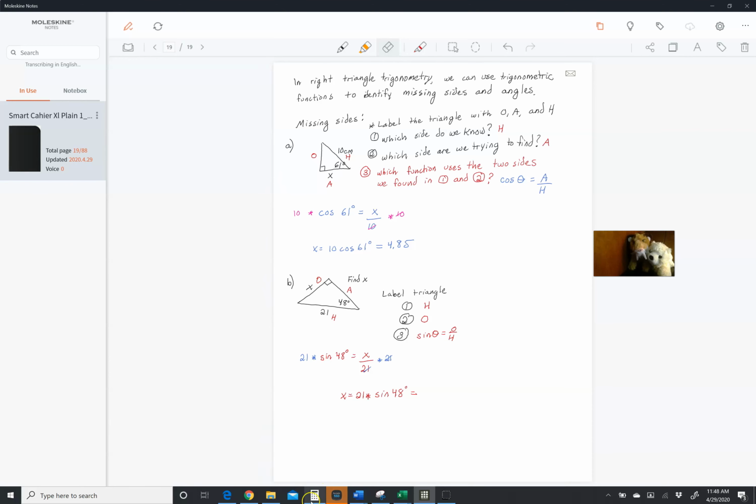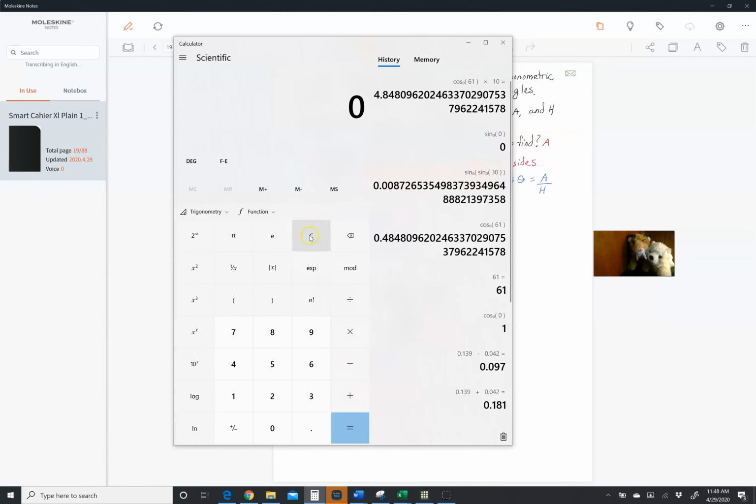So we go to our calculator. We're going to type in 48 and then sine. Again, this might be different for some of you. So we get 0.74, which makes sense, as the angle gets larger, so does the sine of theta.